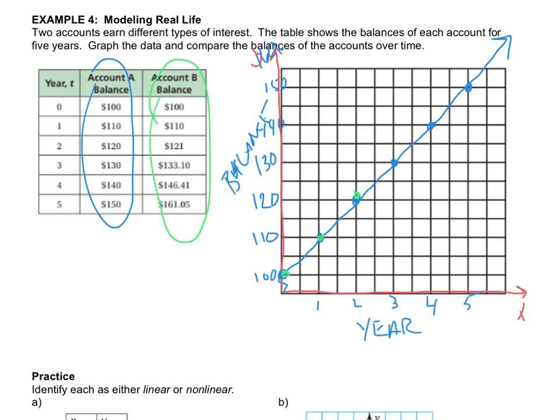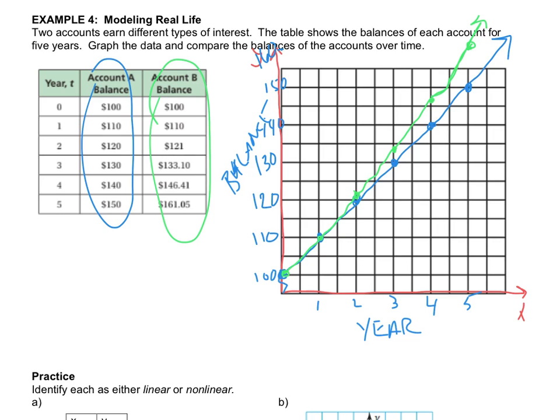Then we're at 133. Then we're at 146. Then we're at 161. So notice this is not a straight line. This is going to have a little bit of a curve to that.